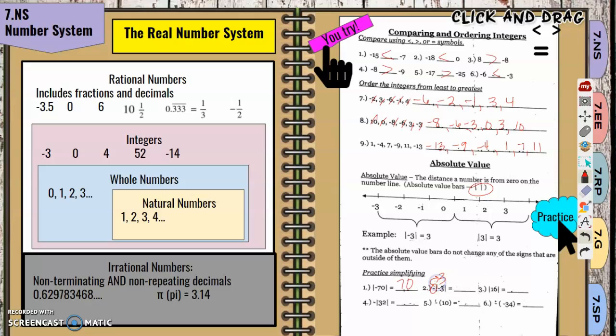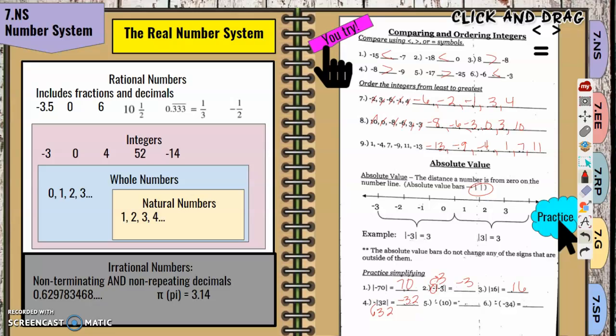Then take the opposite of 3, and the opposite of 3 is negative 3. For number 3, the absolute value of 16 is 16. For number 4, the absolute value of 32 is 32. Solve that first. Then take the opposite of 32, which is negative 32.